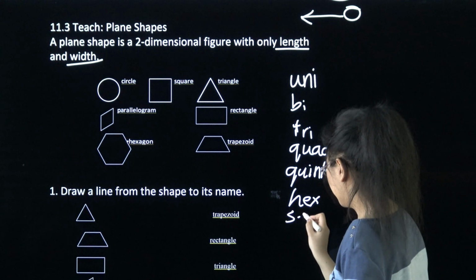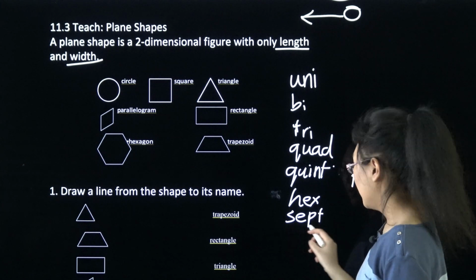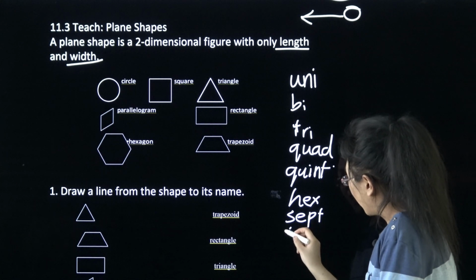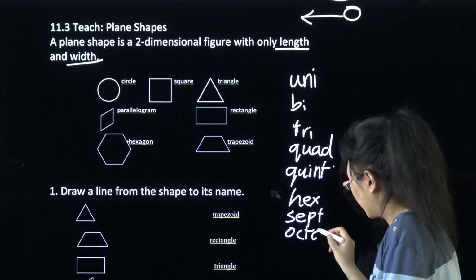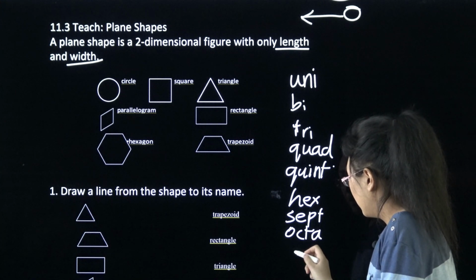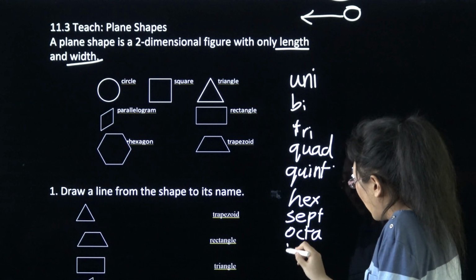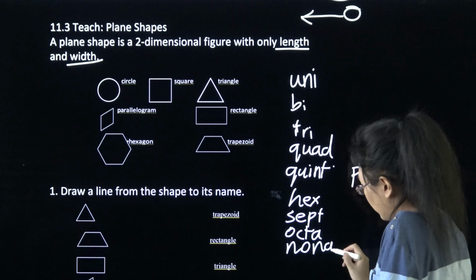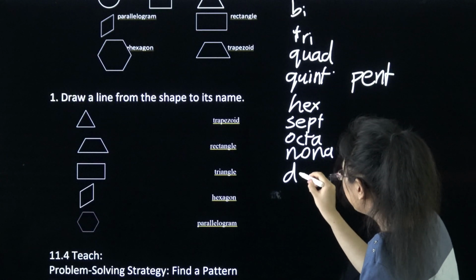Then there's sept. This is actually how you spell 7 in French, but that's octa. So octopus, octagon. This might be octo, but in math it's octa. Nona. And deca.